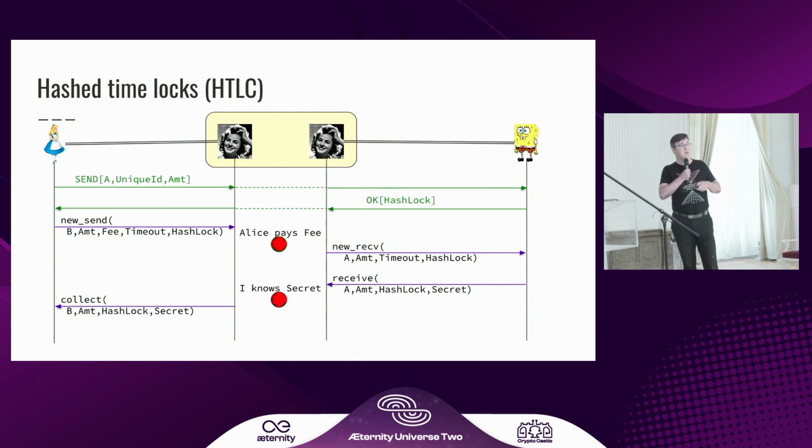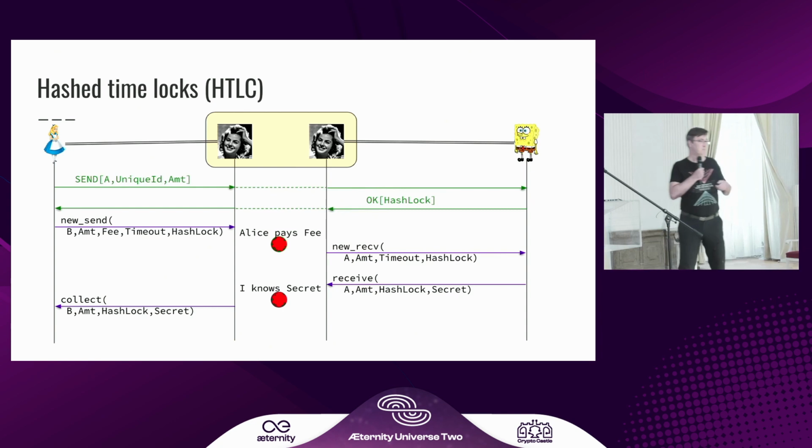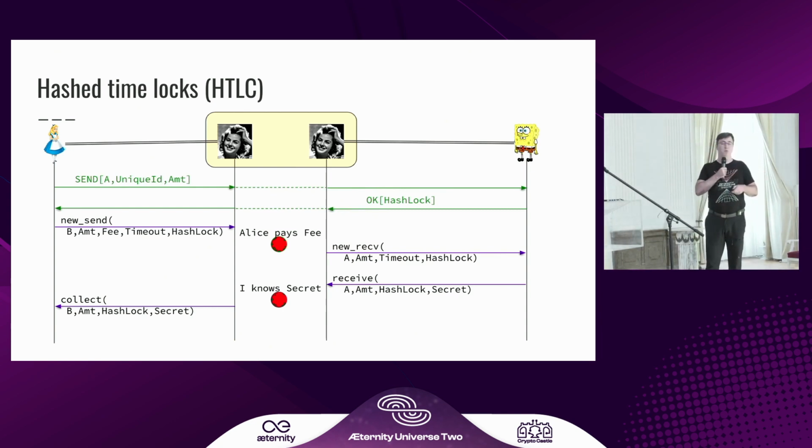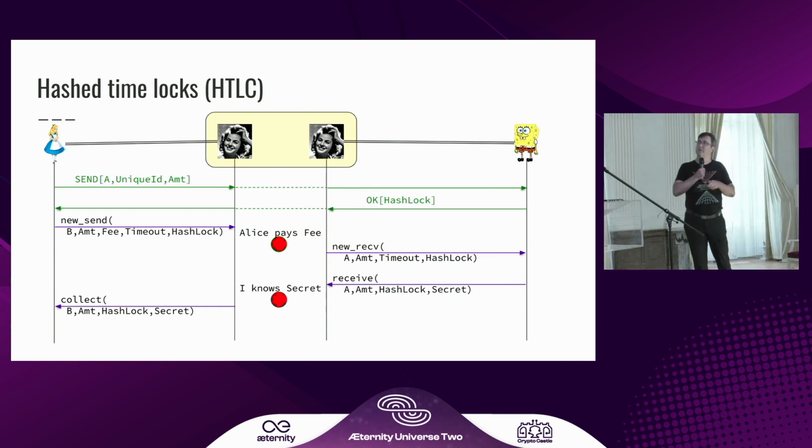And we provide a timeout in terms of key blocks on chain. So within this time window, Bob would have to actually collect the money, and then the hash lock. So then this payment is locked inside the contract.